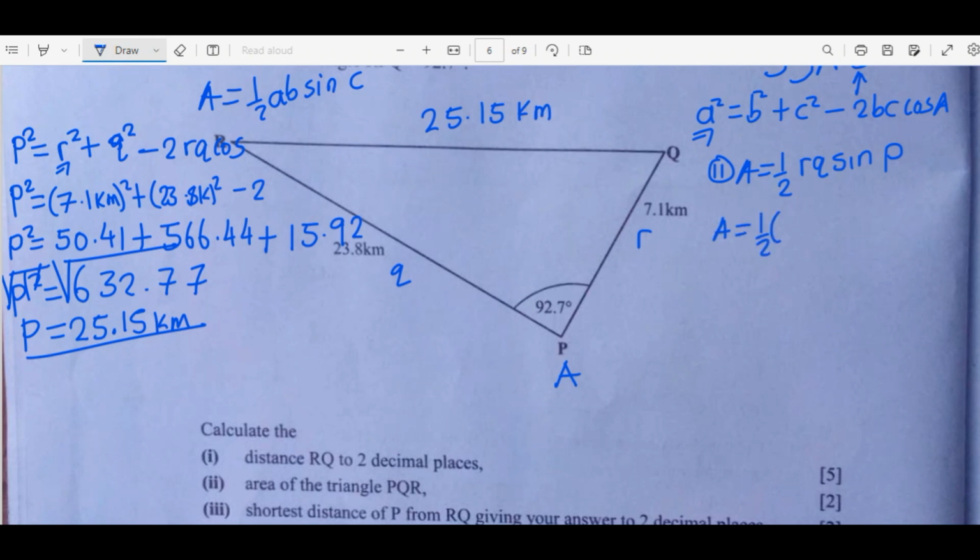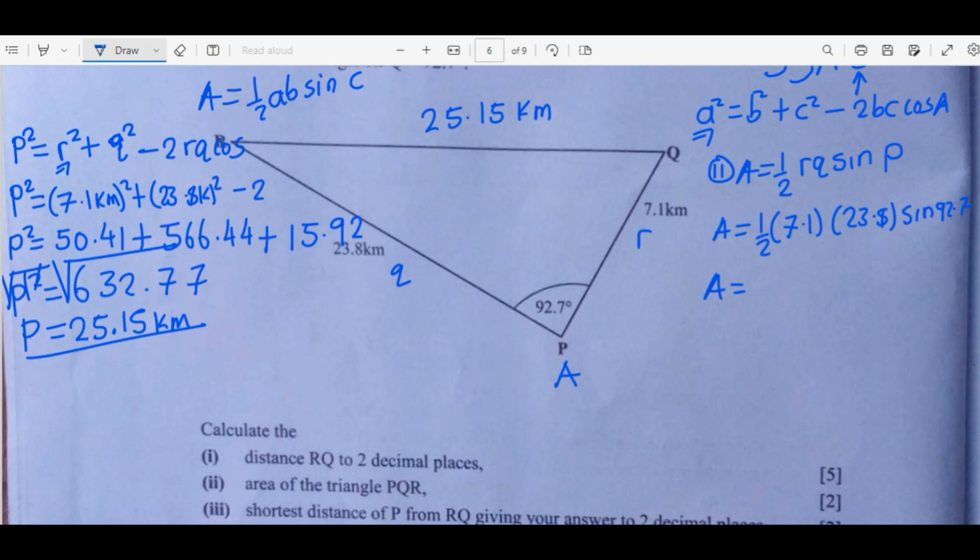R is 7.1 multiplied by 23.8, then sine 92.7. So area is 7.1 times 23.8, then sine 92.7, divided by 2.